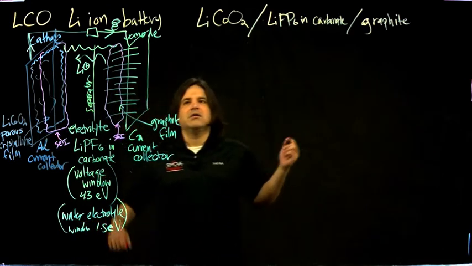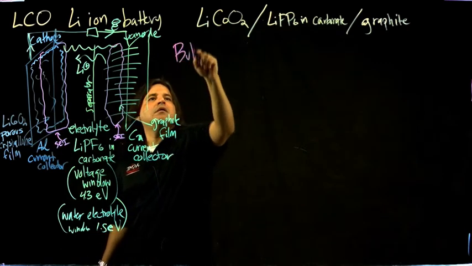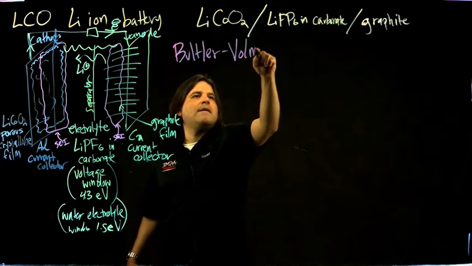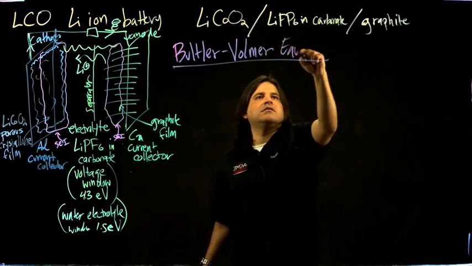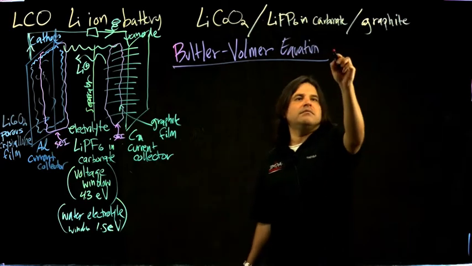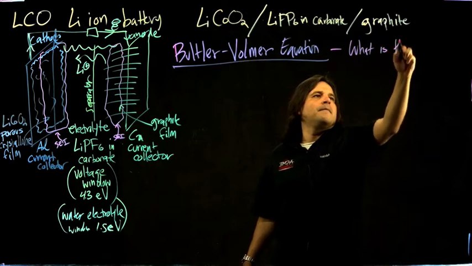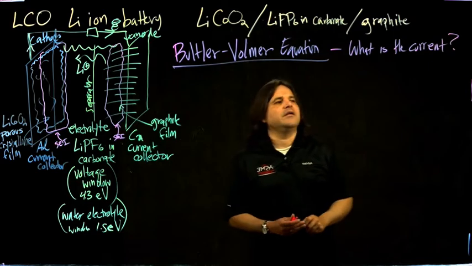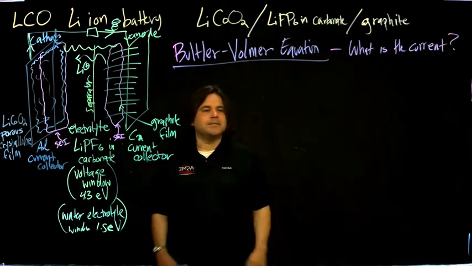Okay, so that is what the Butler-Volmer equation is doing. For the Butler-Volmer analysis, it's saying, what is the current? Which is another way of saying, what is the power of this battery? The higher the current, the higher the power of this system.